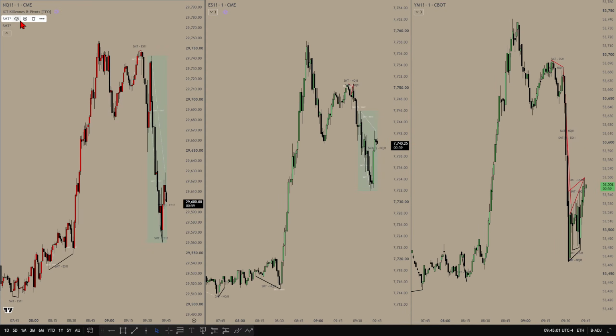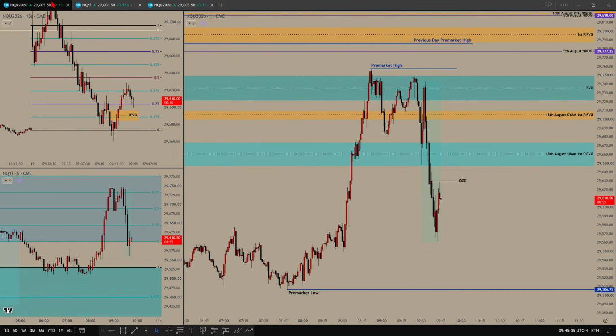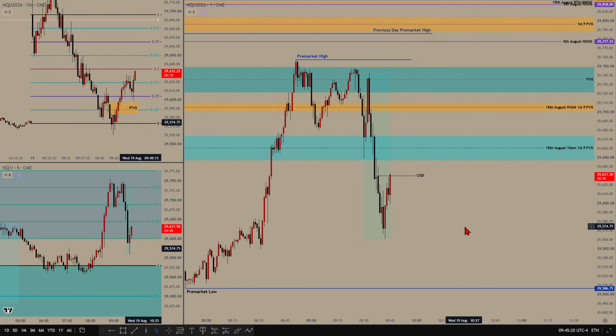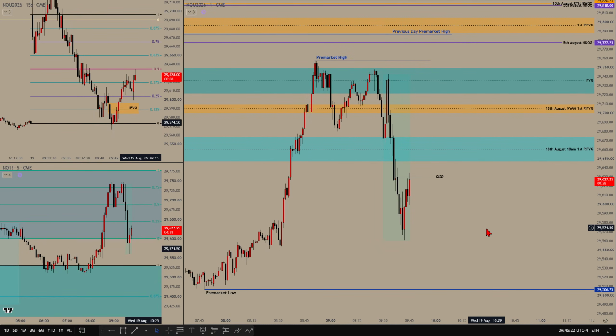This indicator, I feel like it gets worse every day. Still, there is no first presented fair value gap, so we're going to continue to wait.